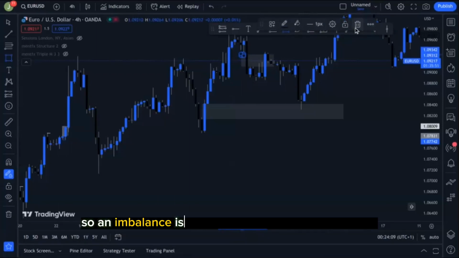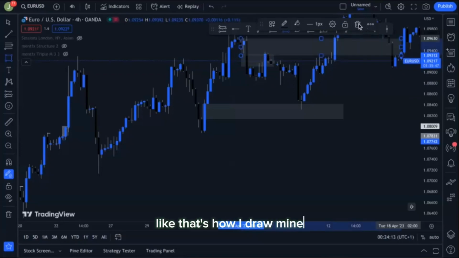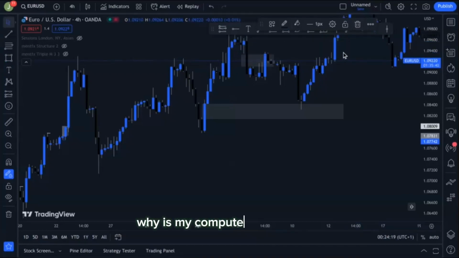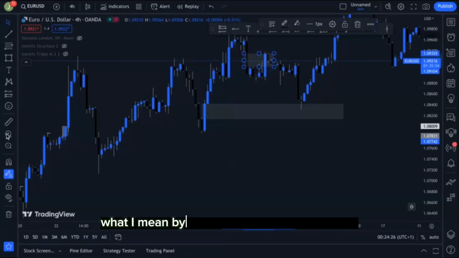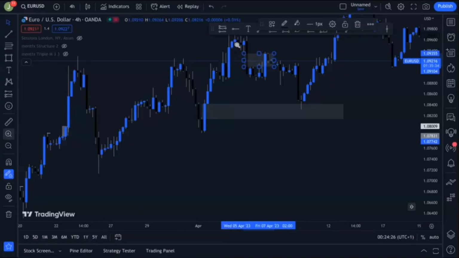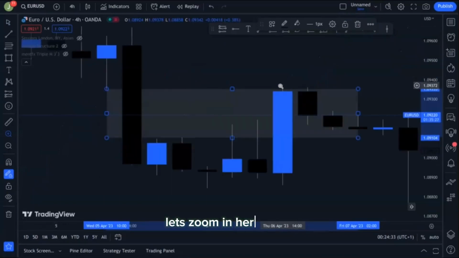So an imbalance is basically a three candlestick formation. Like that's how I draw mine, using three candlestick formations. What I mean by three candlestick formations is, let's zoom in here.